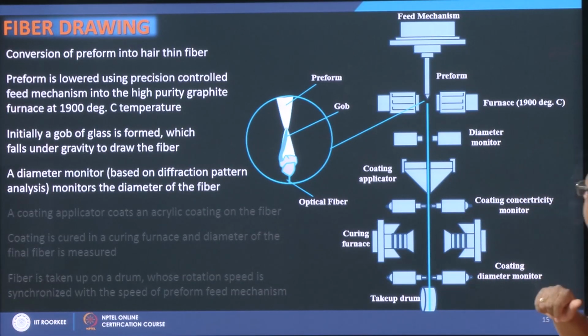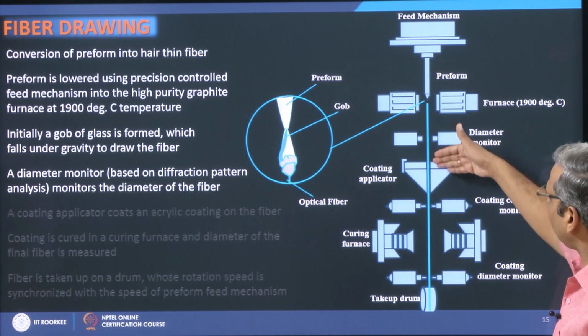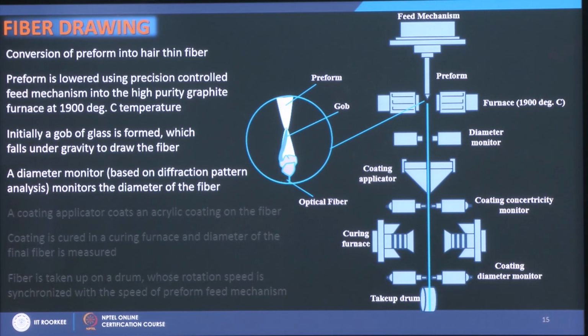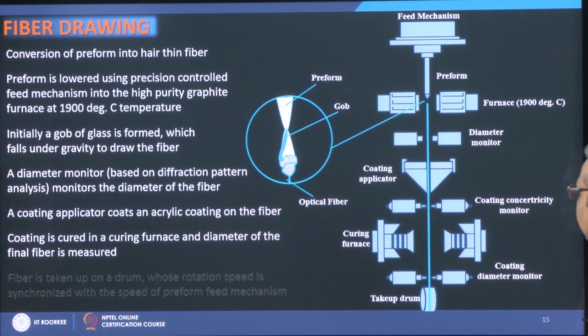and this fiber now goes through various stages. Here is the diameter monitor, where the diameter is monitored using a diffraction technique, using a laser. Then you coat this fiber with an acrylic coating. Here you monitor the concentricity of the coating. Here you cure the coating.